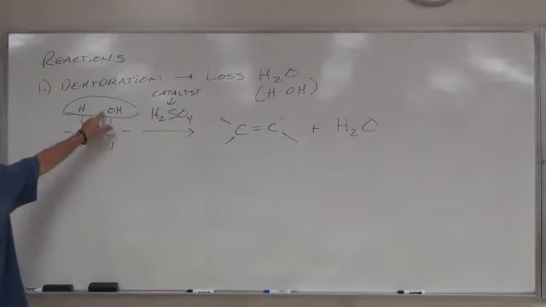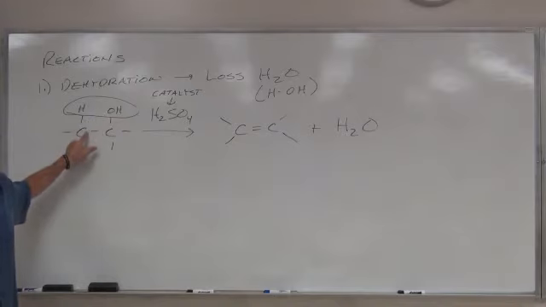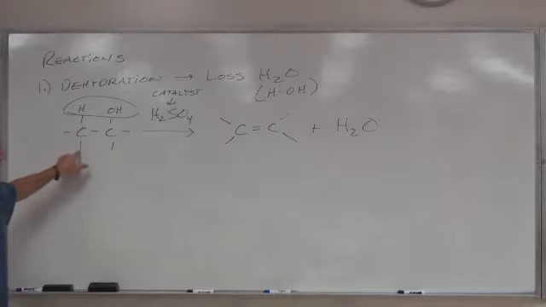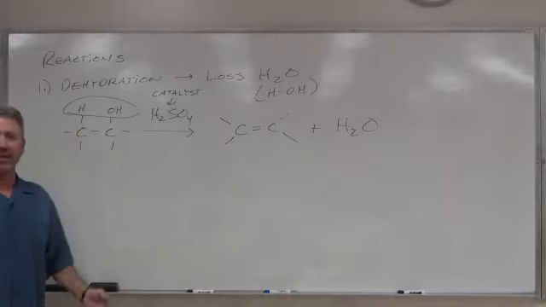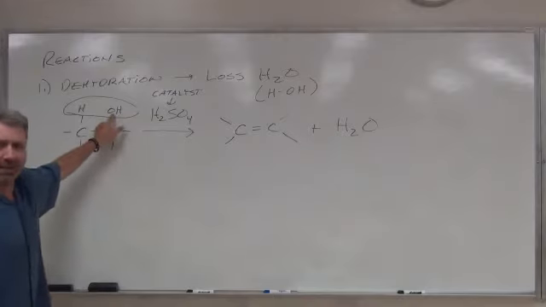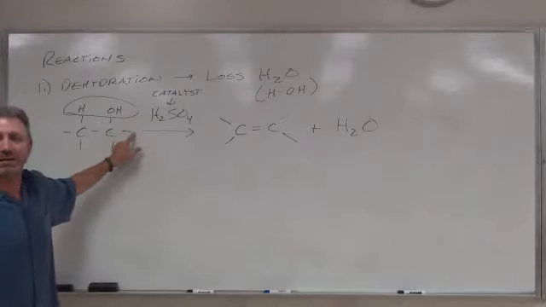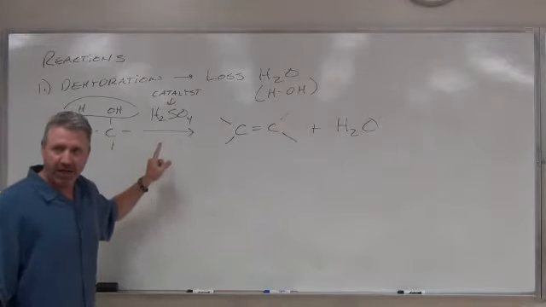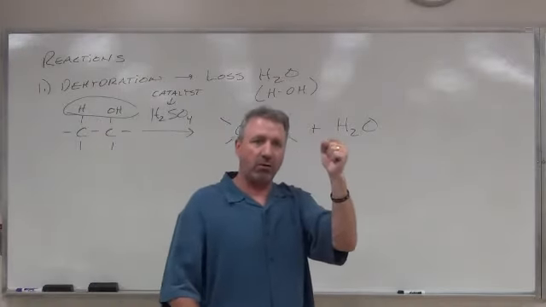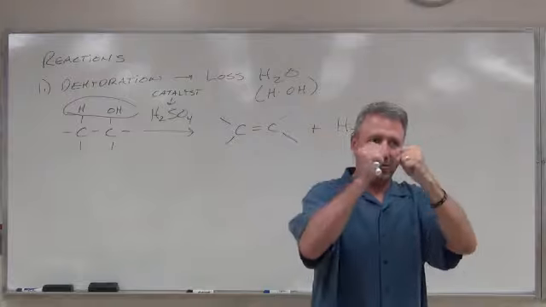Anytime you have an alcohol and you have adjacent carbons that contain hydrogen, you can dehydrate. If you don't have any hydrogens here, it's not going to dehydrate. A common mistake is that most students take both the OH and the H from the same carbon. You don't do that. You take the alcohol group and an adjacent H to form the water.